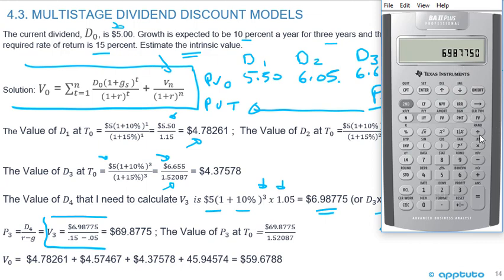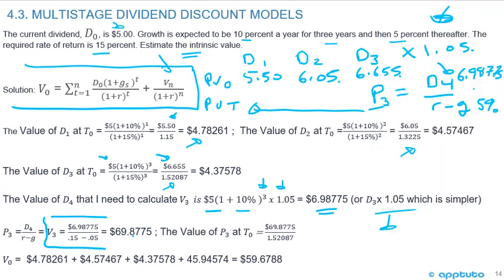That's my D4. I'm dividing by 0.1, which is 15% minus 5%, and I'm going to get 69.8775. So that's my terminal value at P3, and then I have to discount that back to time 0, though, okay? And that's what that number is. That's just dividing back by 1.15 to the power of 3.